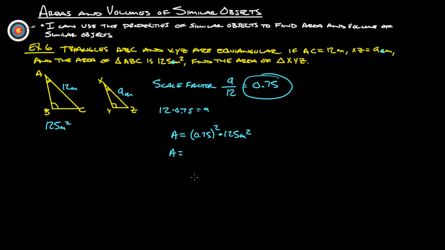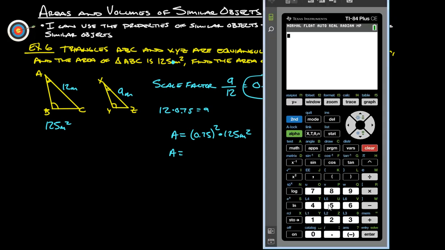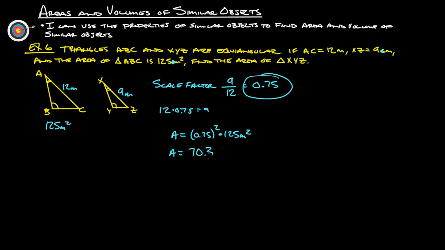So we do 0.75 squared times 125. Our new area is going to be 70.3125. First, second, third significant figure, the 1 tells us the 3 stays the same. So let's go with 70.3 square meters. This one is smaller than that one, and this area is smaller than that area, so feeling pretty good about that.